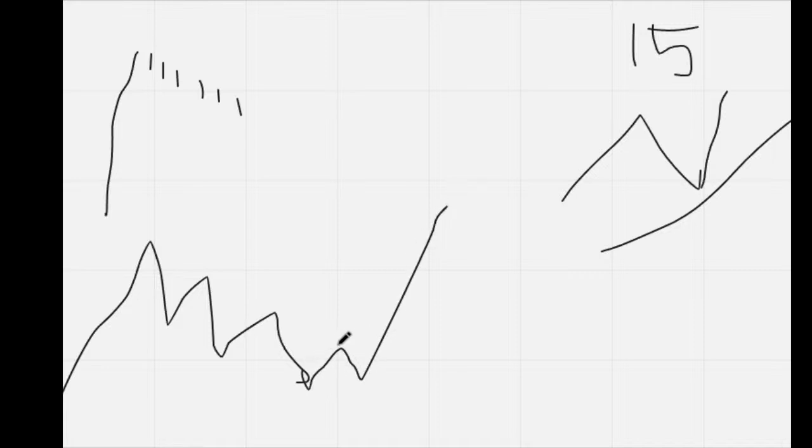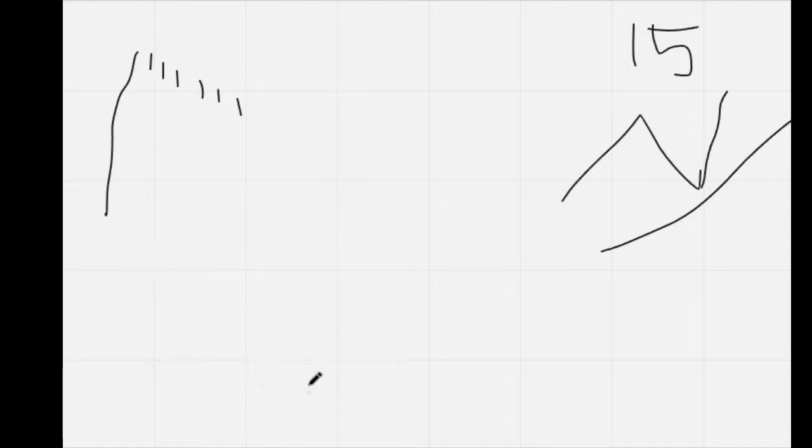So a sell setup failure means you get in over the pivot high, and that's already a higher high, and this low is higher than the previous low. So a sell setup failure gives you a higher high and a higher low. But a lot of times you don't get a sell setup failure. What we get is, you know, there's the downtrend.